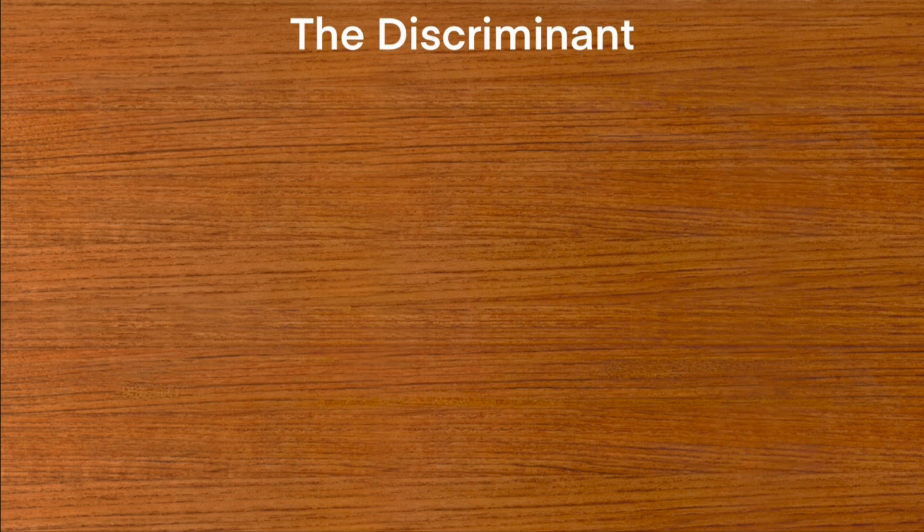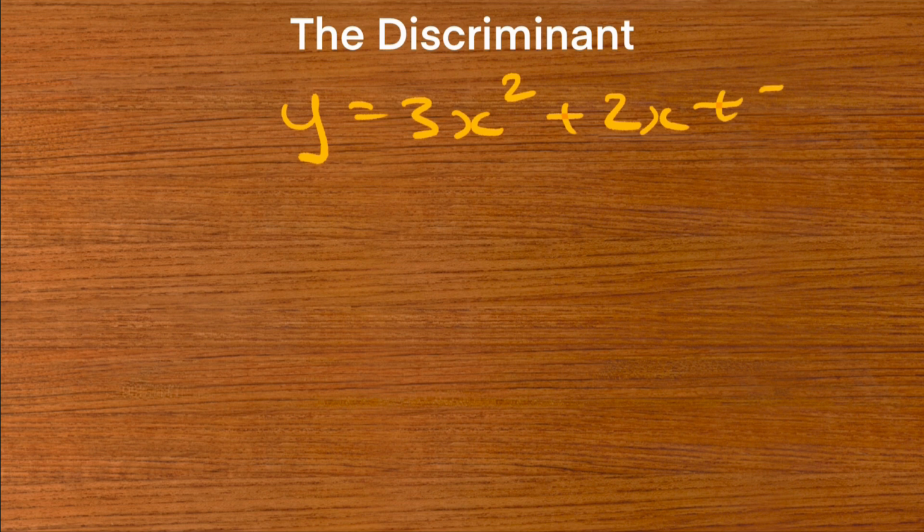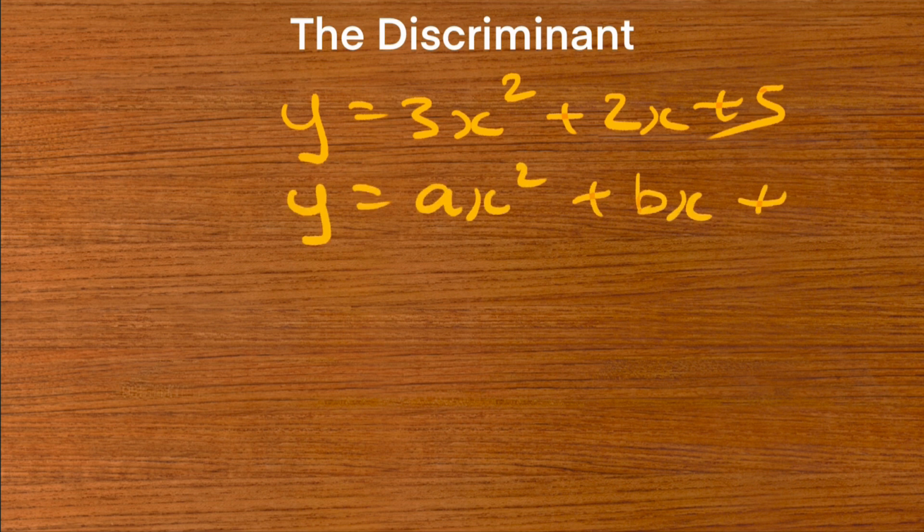As for our third example, we have y equals 3x squared plus 2x plus 5. Again, I'm going to repeat what we have done earlier for the previous 2 examples. Compare it with the standard form, where a is equal to 3, b is 2, and c is 5.